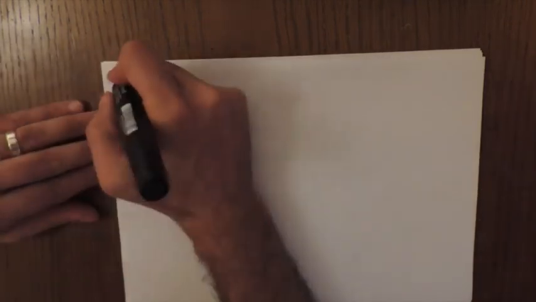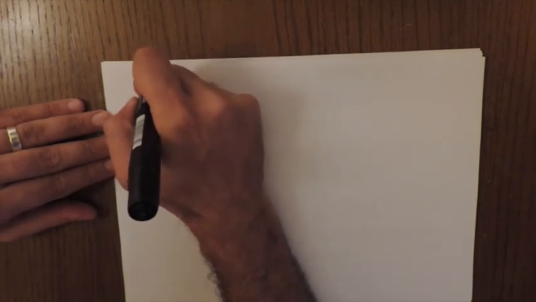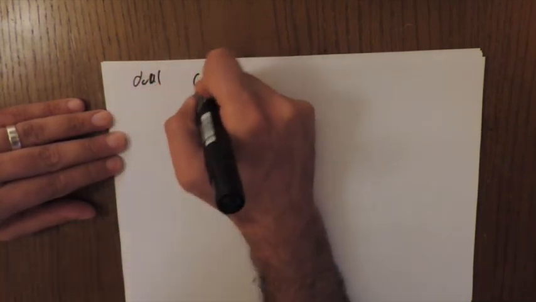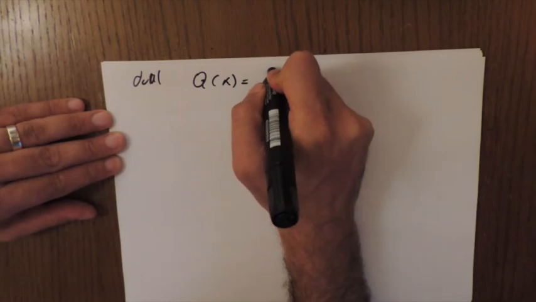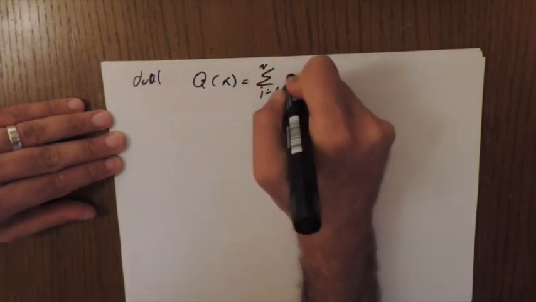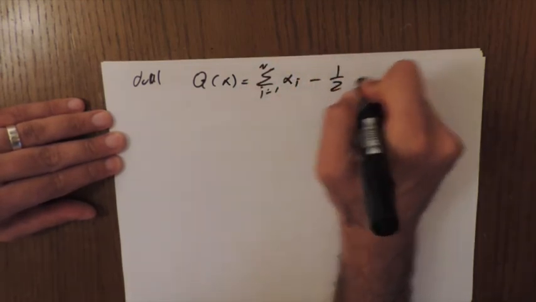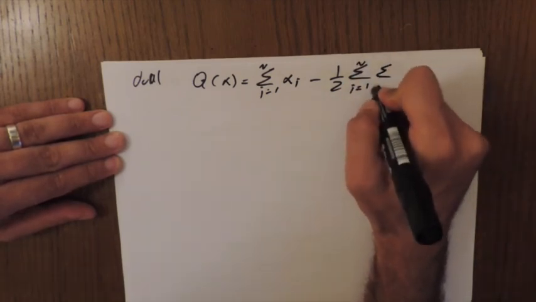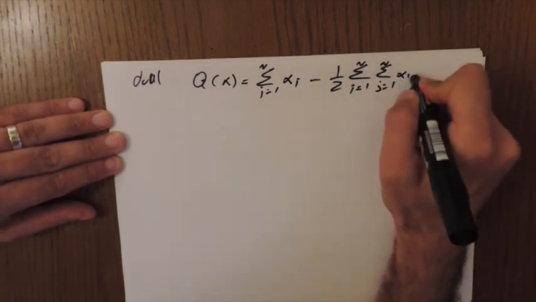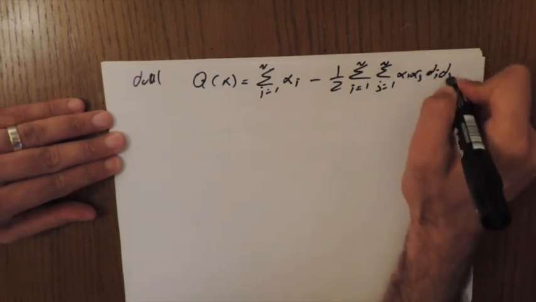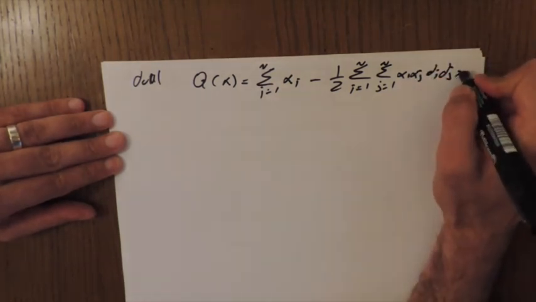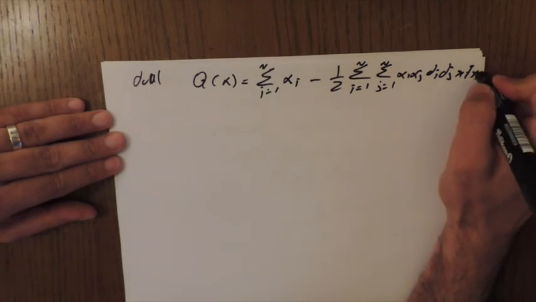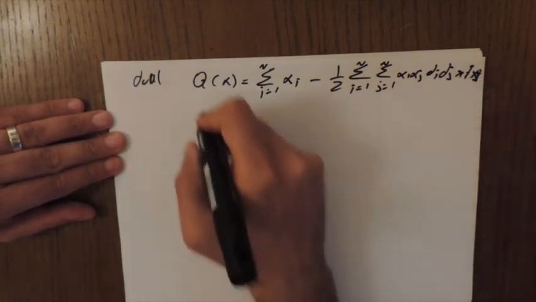Now the problem will be that dual: Q of alpha is equal to summation i equal 1 to n alpha i minus half. So we're going to repeat the same thing. However, we have a difference in the condition.